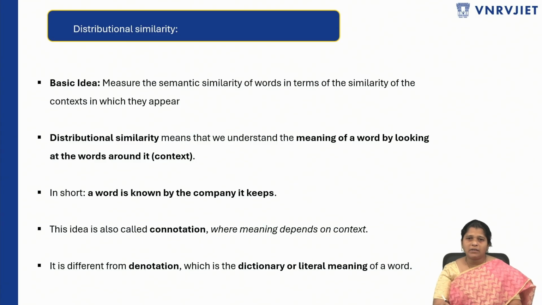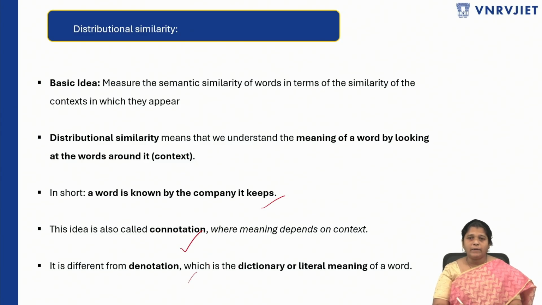It is based upon the context where the word is available. In short, a word is known by the company it keeps. We have two basic definitions here: connotation and denotation.